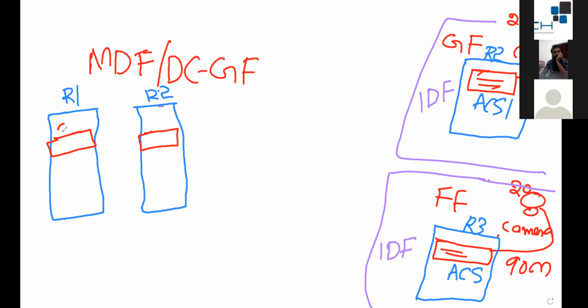This switch I'll name CSW1. C means core, SW means switch, and 1 means switch 1. And this is CSW2, core switch 2. And we will run a cable between them to connect.